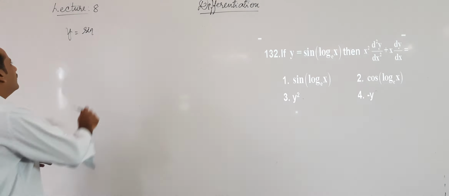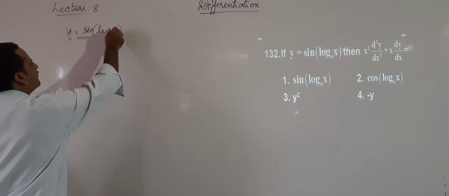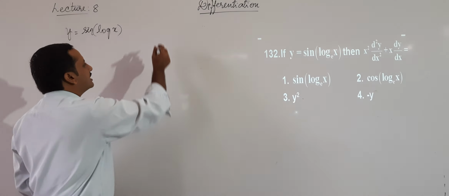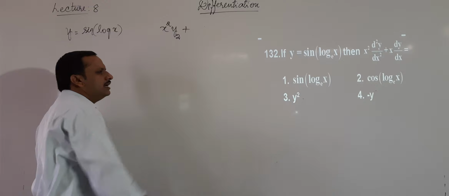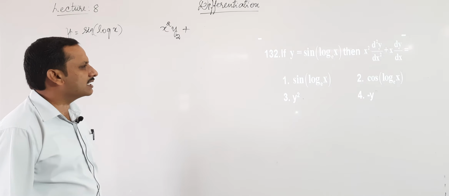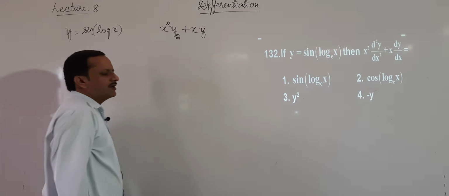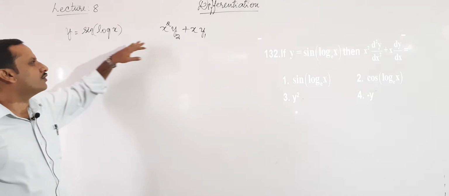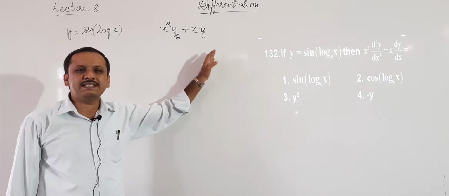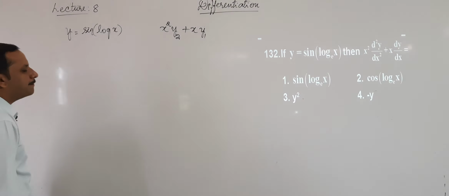Given y is equal to sin log x, then we are asked to find out x square into d square y by dx square, I will write it as y2. y2 is another notation for the second derivative, plus x into dy by dx, dy by dx I will write as y1. Given y as a function of x, we want to find out what is x square y2 plus xy1. So we need to differentiate it twice, obviously.